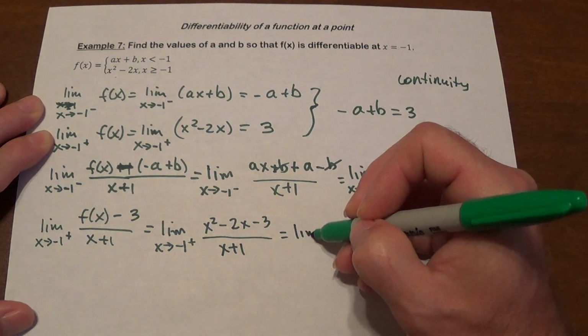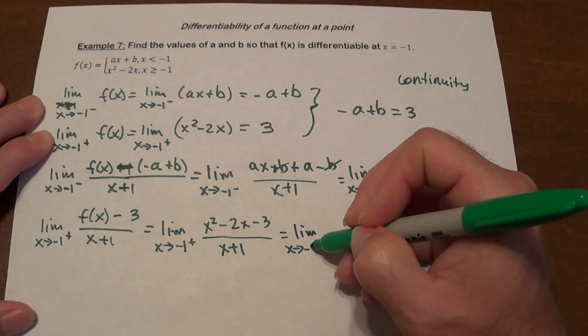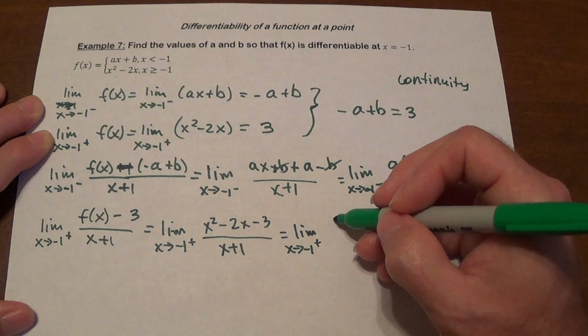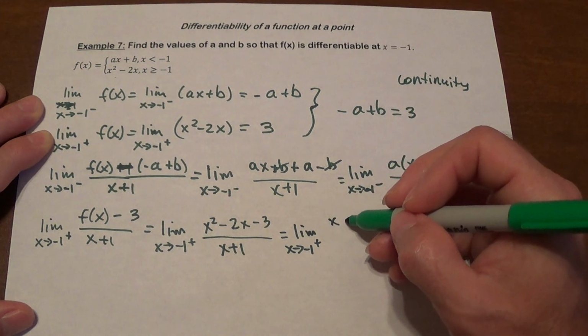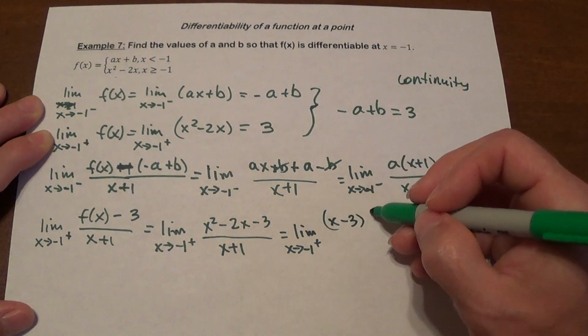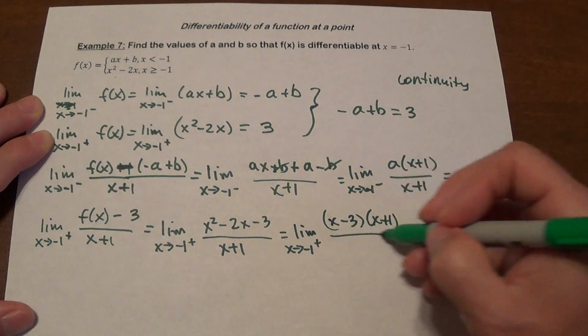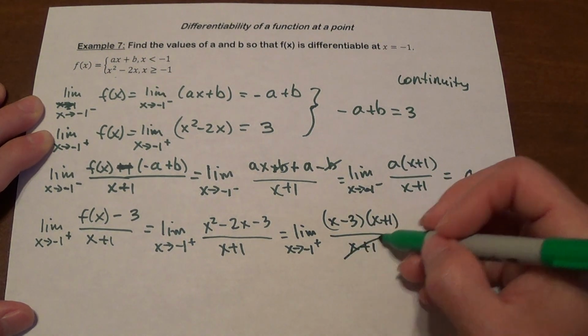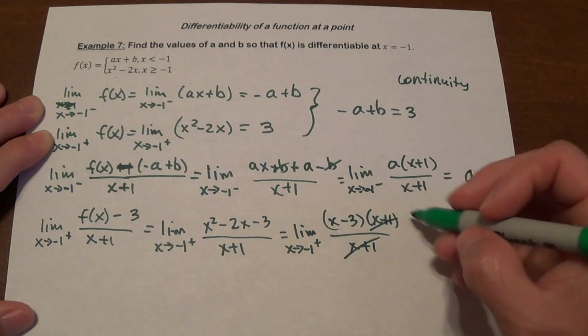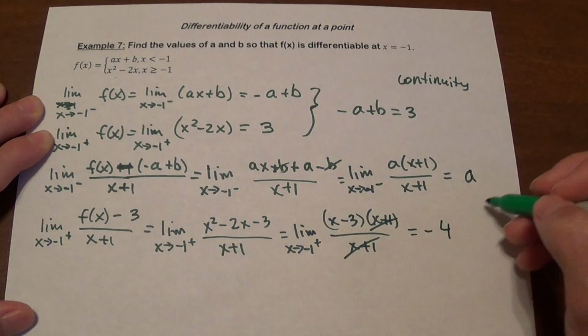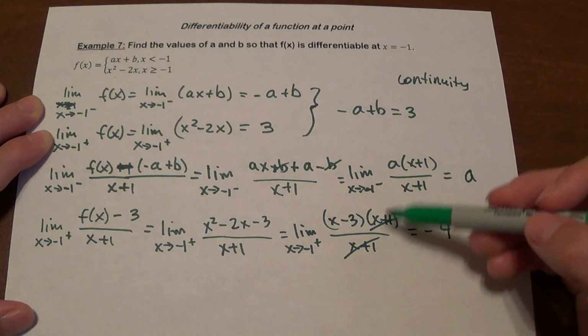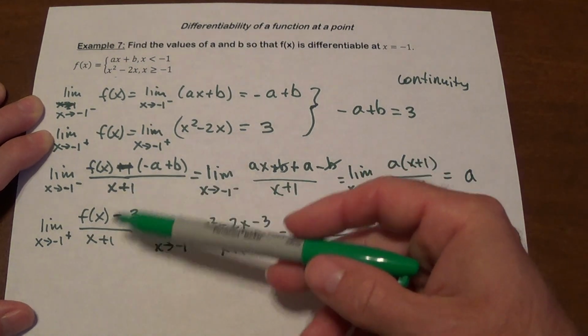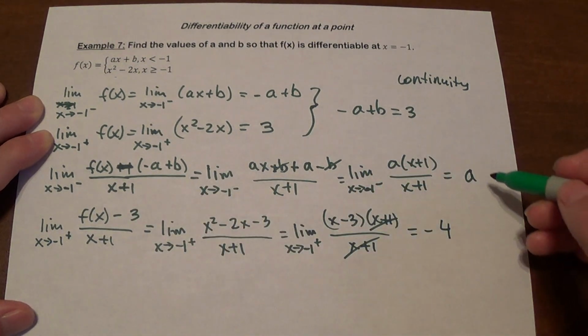This can be factored. It's x minus 3 times x plus 1 divided by x plus 1. X plus 1 cancels. You substitute negative 1 here. It gives you negative 4.